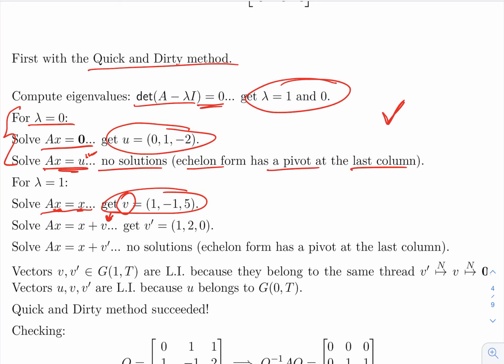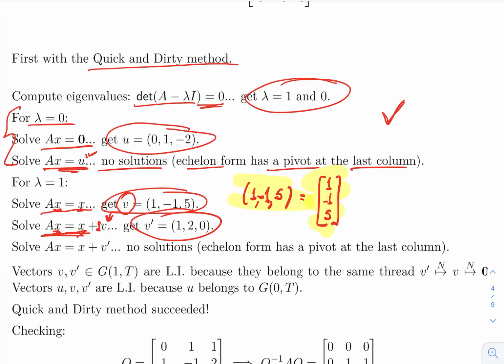And remember, when we write this 1, minus 1, 5, it is just a short notation for the column vector (1, minus 1, 5). So now we solve the system. Here x is again the variable in the system, and here there is the eigenvalue 1 in front of v that we can see.